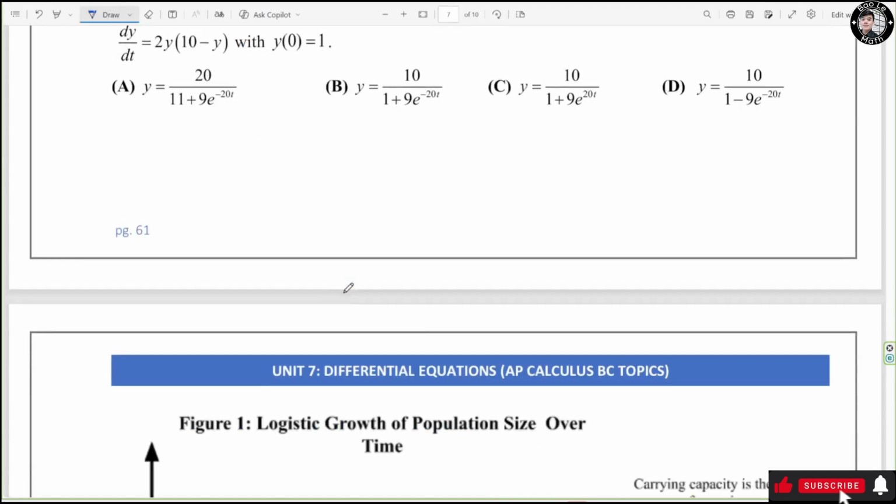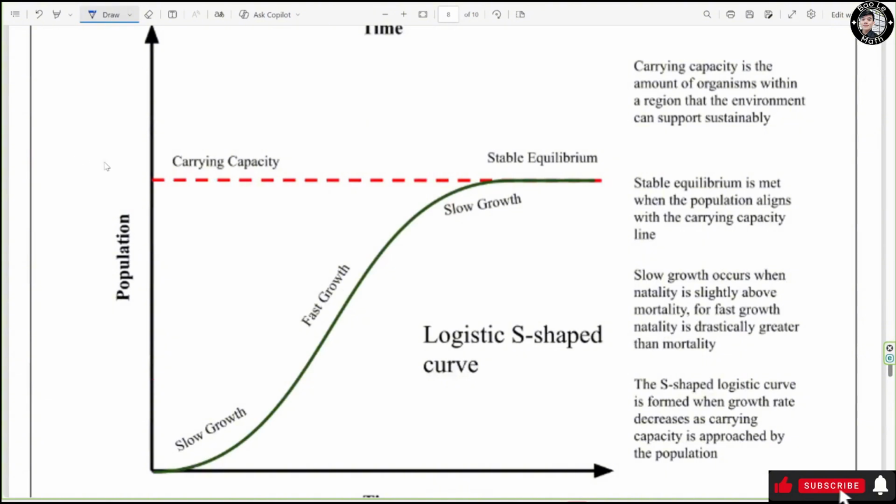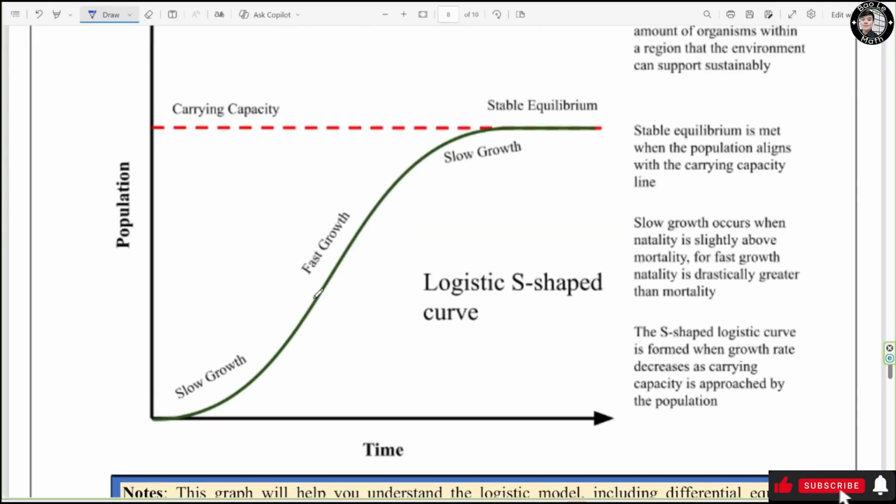So we look at the graph right here. The horizontal line right here is called the carrying capacity. It looks like a horizontal asymptote, right? And the logistic growth increases fastest when the curve reaches half of the carrying capacity.